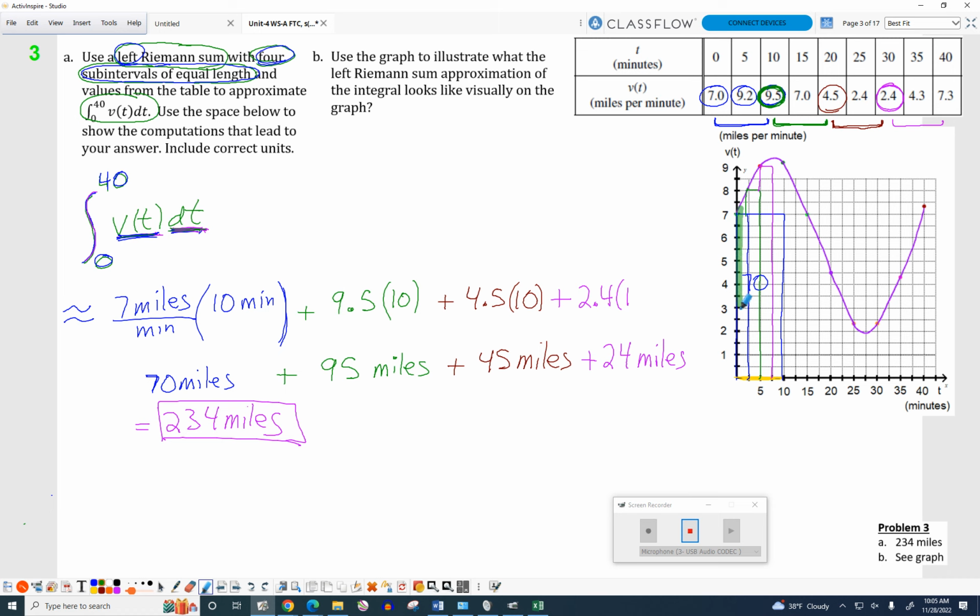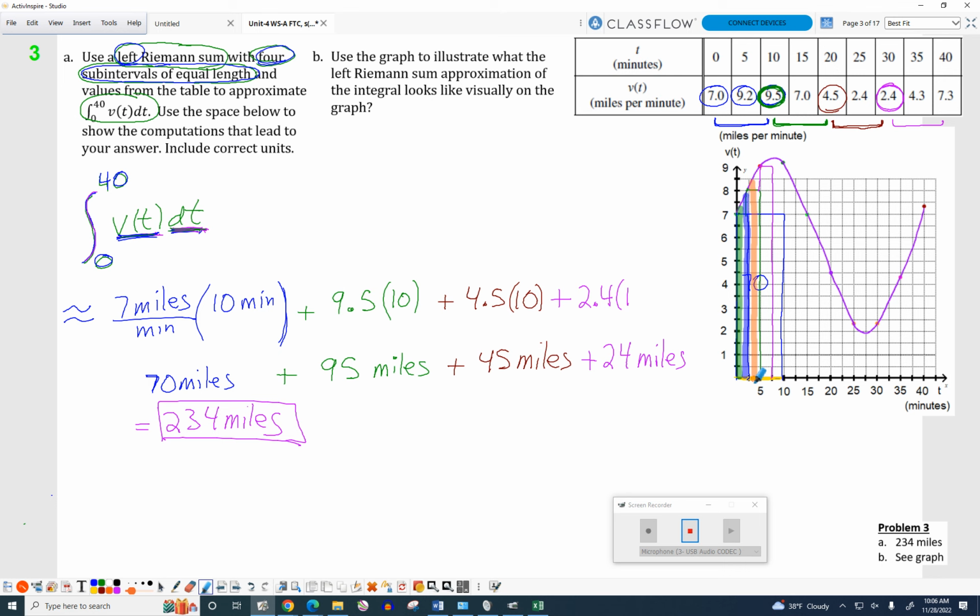Like a rectangle there. We would get a rectangle here. And we would get very, very close to filling the space between the velocity curve and the x-axis. Something like that. So, questions? Cool.